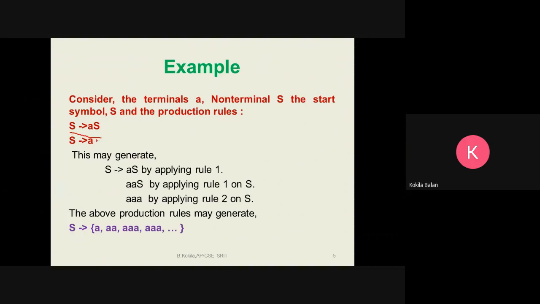So this is given: S turns to aS and S turns to a. These are the production rules. We can replace S with aS or a. Let's begin by applying rule one, that is S turns to aS.